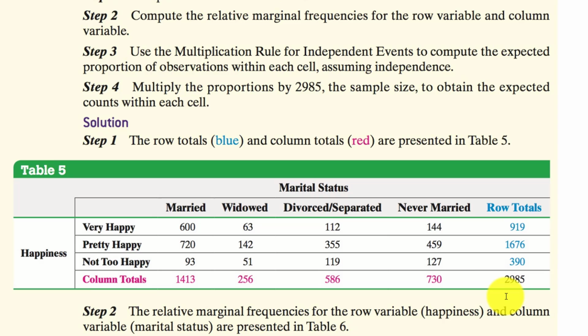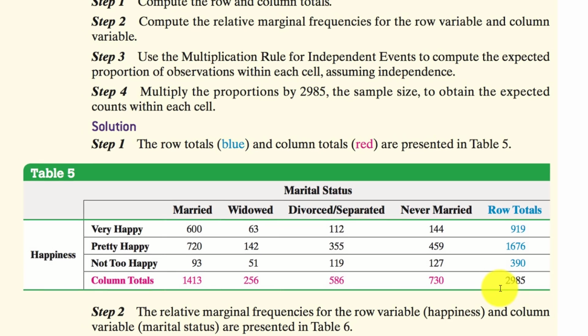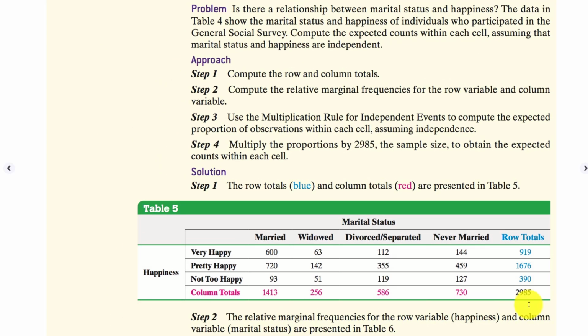You can calculate the probability of being very happy and married by multiplying those two probabilities together, because again, we're assuming independence. Then you would scale it to match the sample size, which in this case is the grand total, 2985. So you would take that probability and multiply by the grand total, and that will give you your expected count.